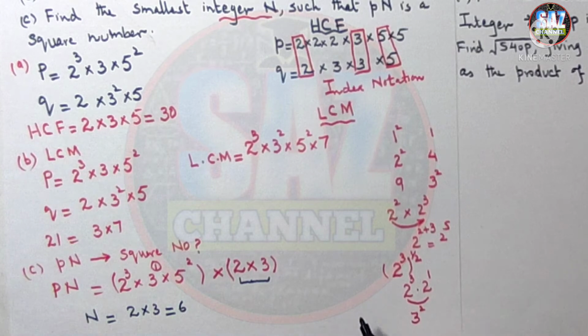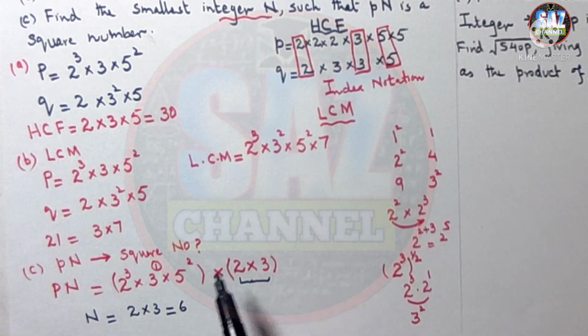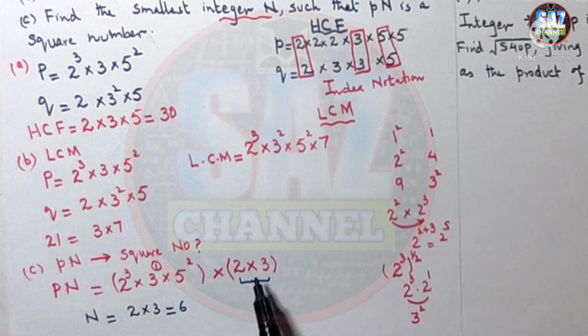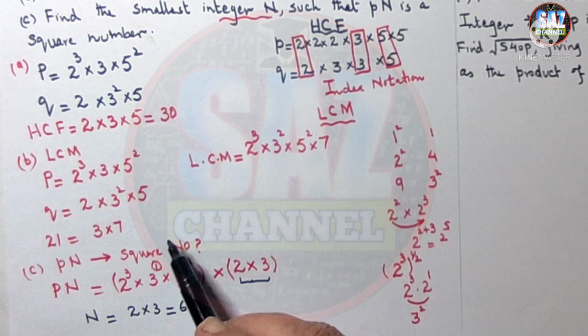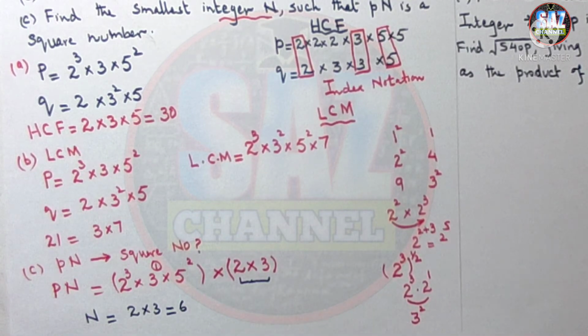And let's verify whether after multiplication of this factor we really get a perfect square number or not. When 2 raised to the power 3 is multiplied by 2, it becomes 2 raised to the power 4. And when 3 is multiplied with one more 3, it becomes 3 square, and 5 square is as it is.